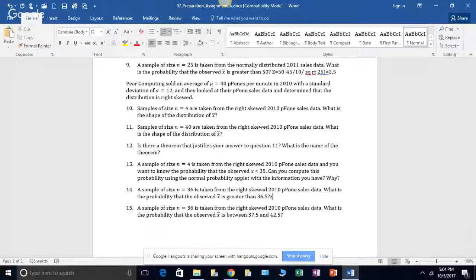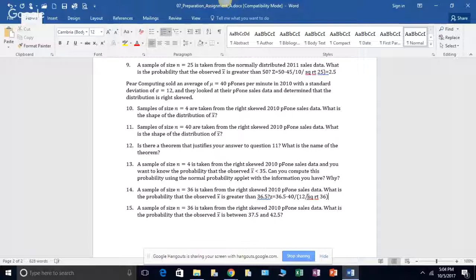So you go z equals 36 minus 40. Divide that by the 12. Oops, I'm sorry. This is 36.5 minus 40, divide that by 12 over the square root of 6.